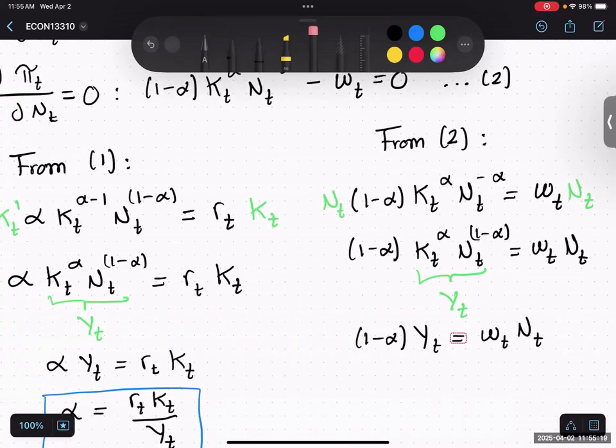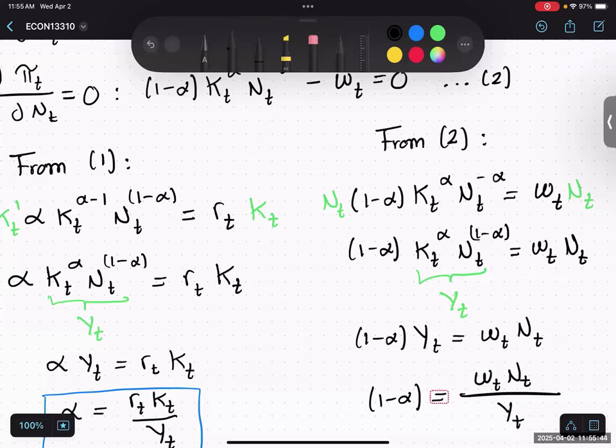Once again, what we are concluding here is that this numerator represents the remuneration to workers, all the value of the production that is due to labor. And in the denominator, you have the product.